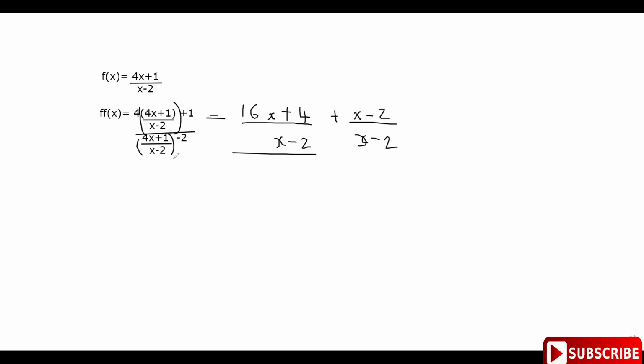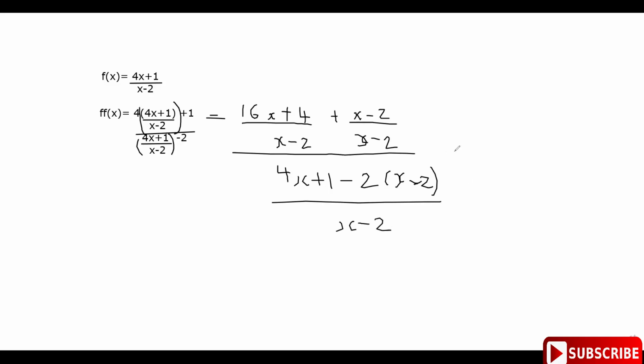Then to simplify this denominator, I'm going to join it as one fraction as well. To rewrite it as 4x plus 1 minus 2 times x minus 2, over x minus 2. Nice and easy. So what do I do next?